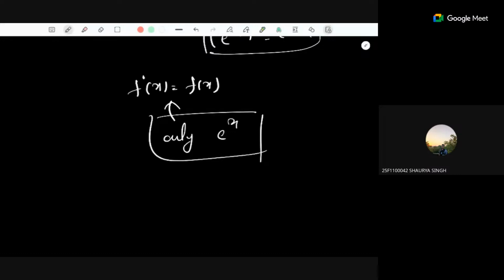I have an example: if z1 is a point inside the circle of convergence, mod z minus z naught is equal to the real number of a power series. Just 1 second. I don't think there exists any other function that satisfies this. Yes, there is no other function which satisfies f dash of x is equal to f of x.